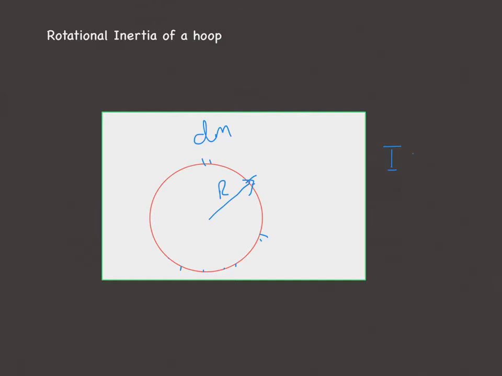So looking at the integral form of this, since r is constant for every piece of mass, and it's the value of capital R on my diagram, I really can pull the constant out of the integral, and I'm just summing up all the little pieces of mass, which would just be the total mass of the ring.